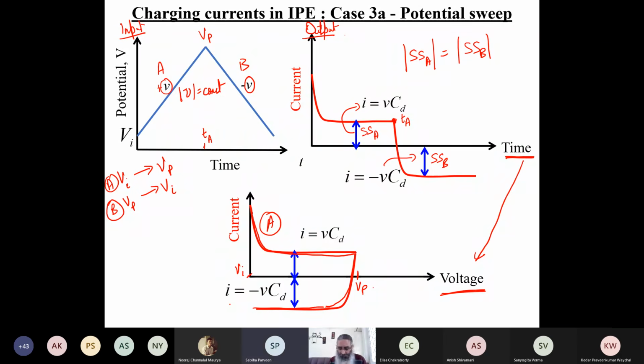Yes. Okay. So definitely there are advantages and disadvantages of both. Like you said, in the case of potential sweep, as long as you can fix the VI and VP within the ideally polarized limit of that interface, then you get a nice steady state current that you can measure, from which you can estimate the CD. What you said in the second half is absolutely true.